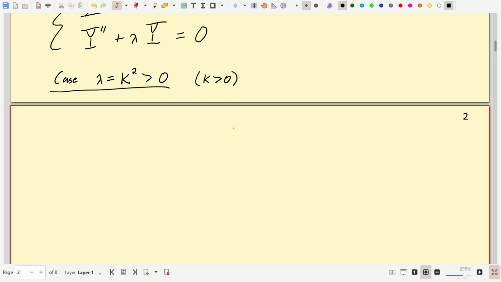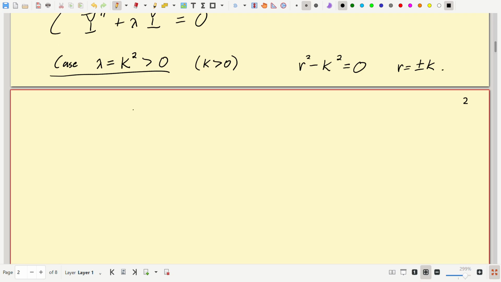Well, then the characteristic equation for that problem is r squared minus k squared equals 0. And we get r equals plus or minus k. And the general solution then is X of x equals c1 e to the kx plus c2 e to the minus kx.